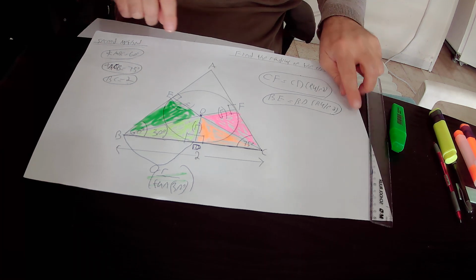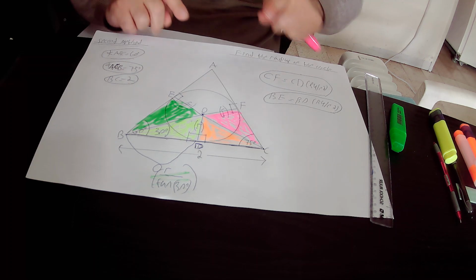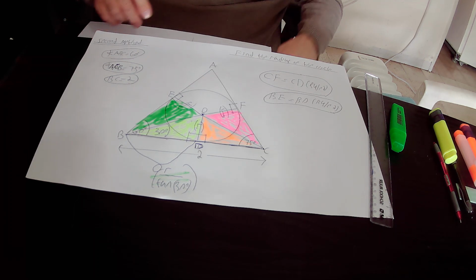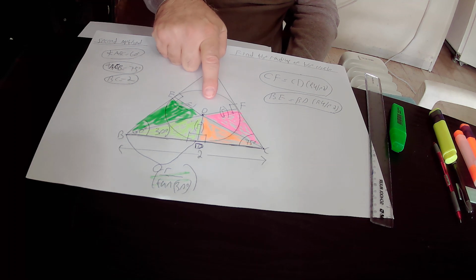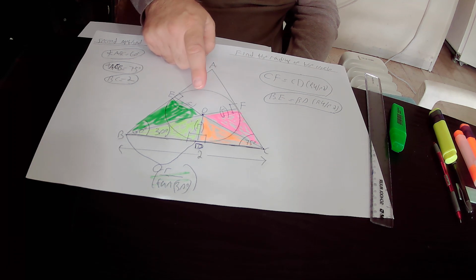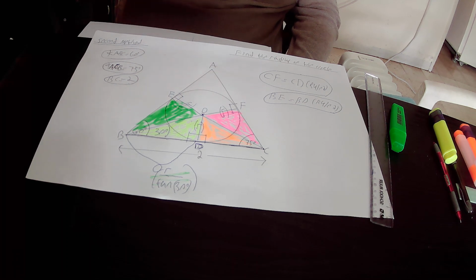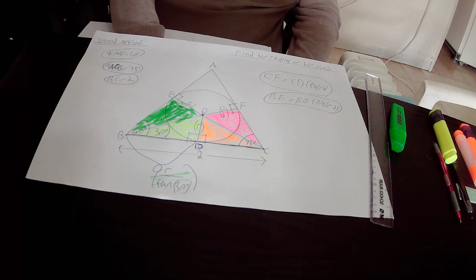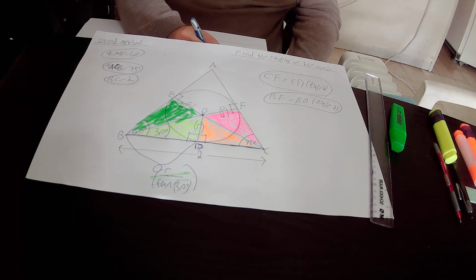So why can those two triangles go into each other? First of all, side FO of the pink triangle equals side OD of the orange triangle. They are both the radii of the circle, therefore they are equal to each other. OF equals OD.